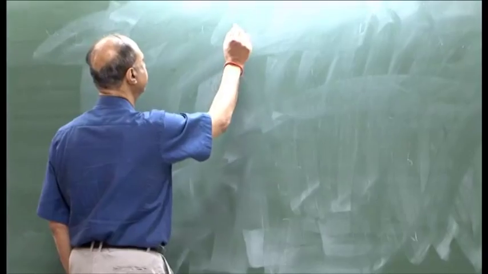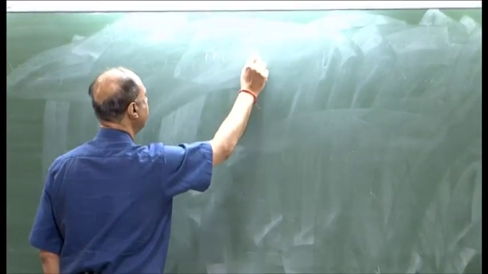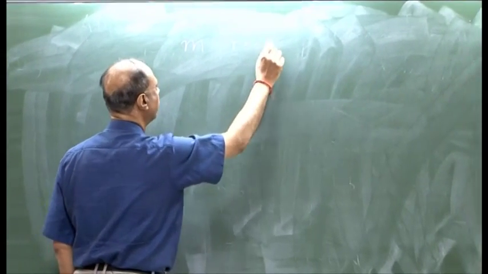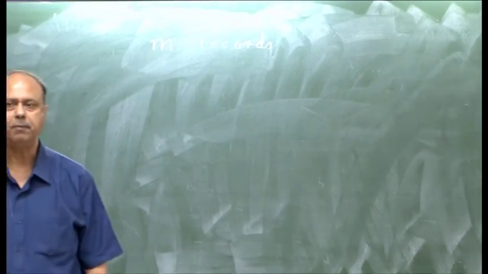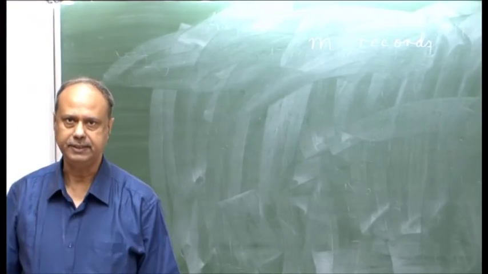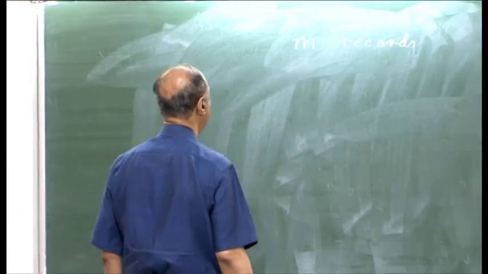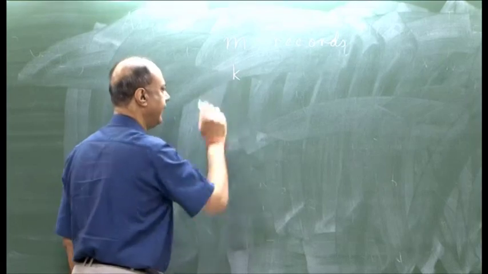The problem is that there are m distinct records which form a height balanced binary tree, and there is a key k.